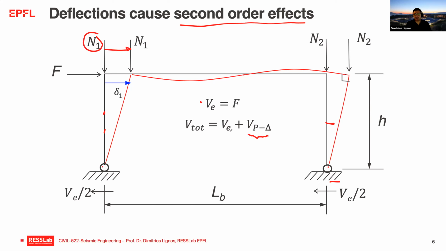So in that case, if I want to consider the exact expression for the total shear that I should consider in my design, it would be, of course, VE, which is equal to F, but there will also be an additional term that is going to be equal to N1 plus N2, because this is the total gravity load that is being translated by delta 1, multiplied by delta 1.